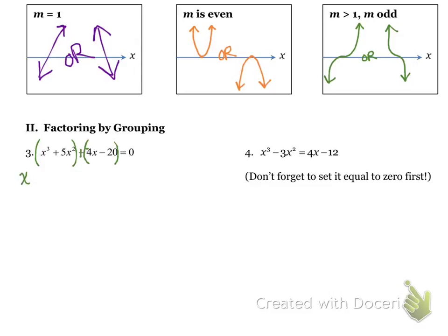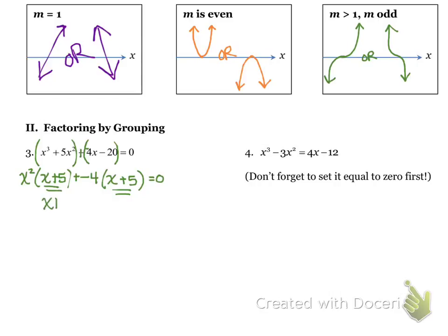So the GCF in my first one is x squared, and I'm left with x plus 5. And in the second one, I'm going to take out a negative 4, and I know I want to take out a negative because I want this negative in the middle here to become a positive, which it does, so now it matches my other binomial.